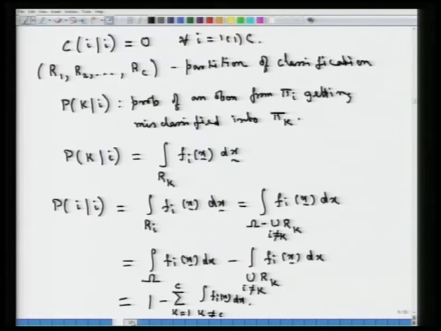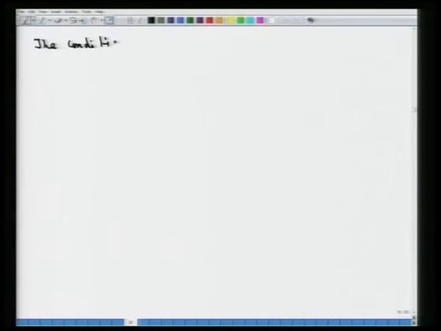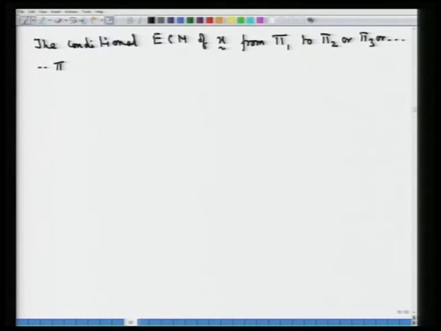Now, let us build up that expected cost of misclassification in the following way, that we first look at the conditional ECM, the conditional expected cost of misclassification of an observation x from pi 1 say to pi 2 or pi 3 or any of the other populations, which is going to be given by say ECM(1).